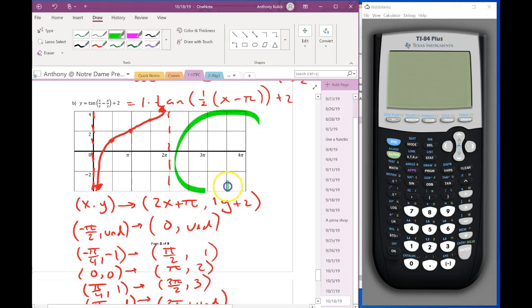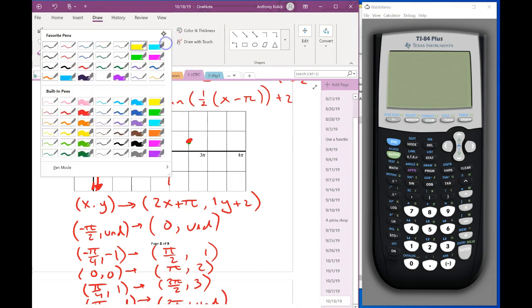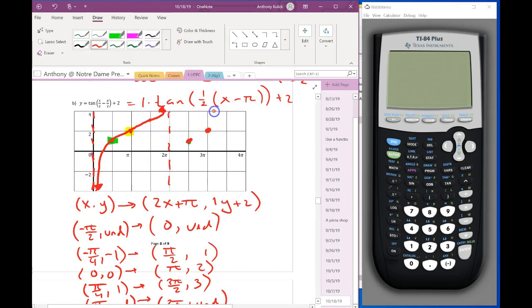So now to fill this space, I need to start first with this point. So that point would go here. Then I need this point, which should go here. And then last, I'm going to need this point, which should go here.